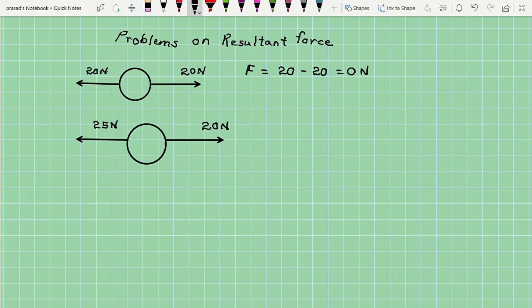So in this case, for the resultant force, keep it in mind that out of the two forces, the bigger force I will take as positive, then the other force that is acting in the opposite direction will be taken as negative. So the resultant force will be 25 Newton minus 20 Newton, which is 5 Newton.